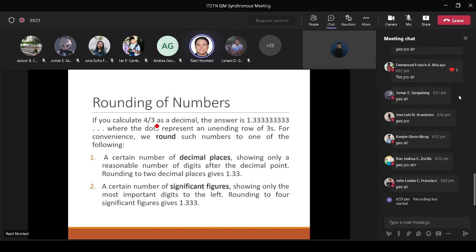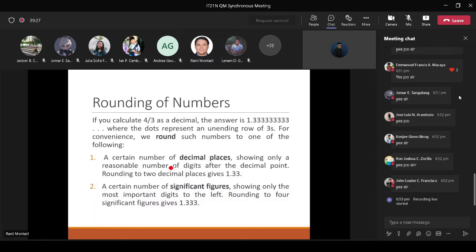If we get the decimal fraction of this, we know that it is non-terminating, right? It is infinite, just 3 3 3 3 3. Normally you show three dots to represent the never-ending value of threes. So for convenience, we do rounding, right guys?